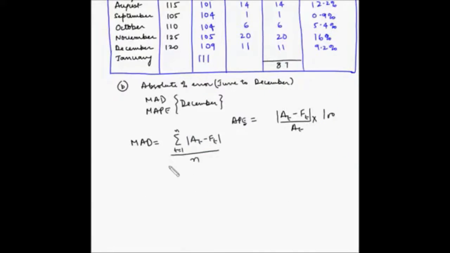So the value of mean absolute deviation is 87 divided by 7, because n is 7, so this is equal to 12.4.